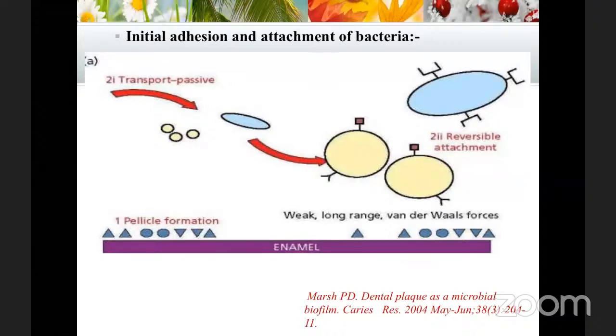On this sedimentation they attach, with chemotactic activity also present, and this is the formation of the primary colonizing bacteria in contact with the tooth. This is the first one, the transport to the surface.